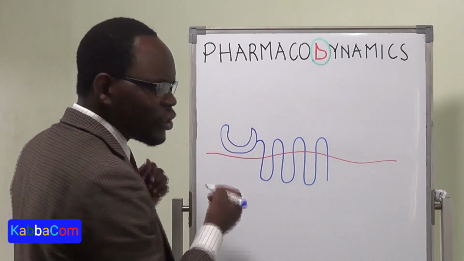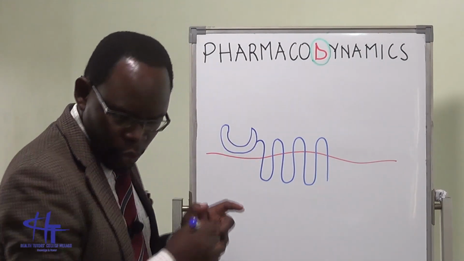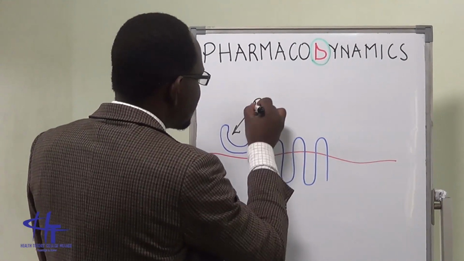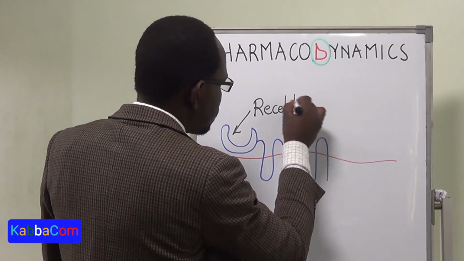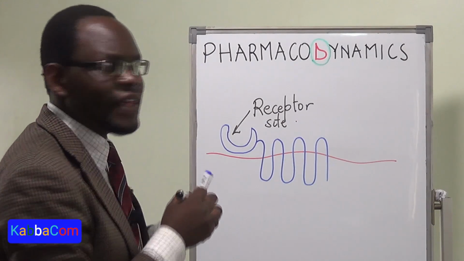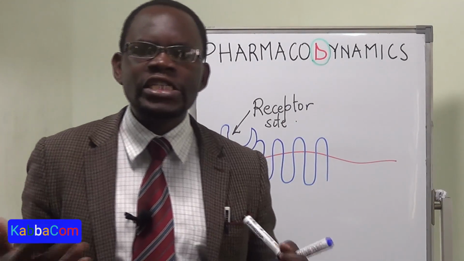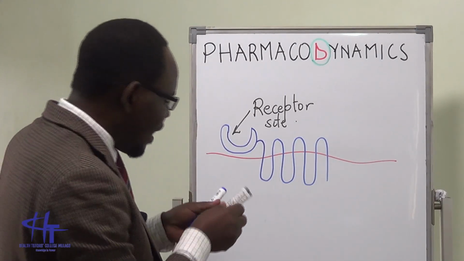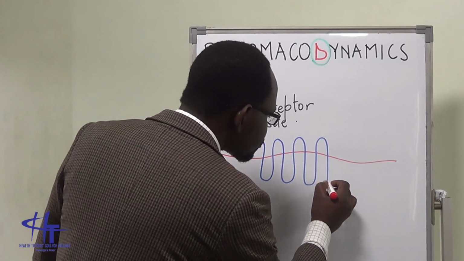So this G-protein coupled receptor has 2 sites. It has the receptor site, this one, where the ligand binds, or what we refer to as the ligand binding site. And then it has what we refer to as the effector site.